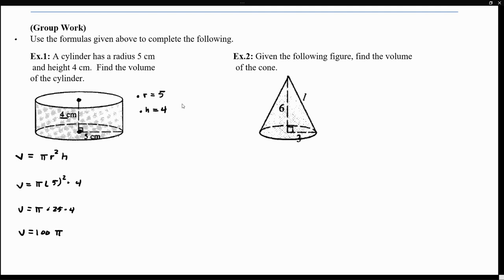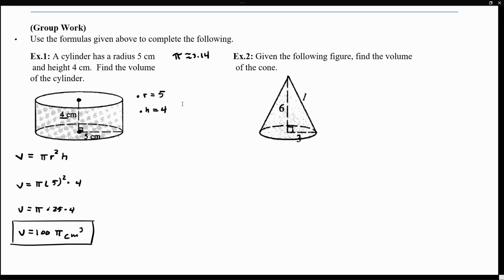But now notice that we're talking about volumes, and the sides were given to us in centimeters. So therefore, our units are centimeters cubed. And again, notice that I left it as a pi, but remember that if we want to compute it, pi is approximately 3.14.